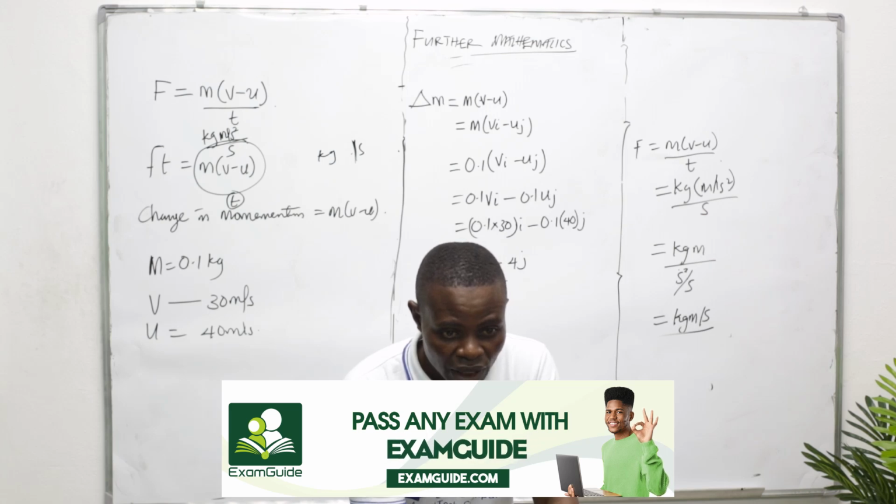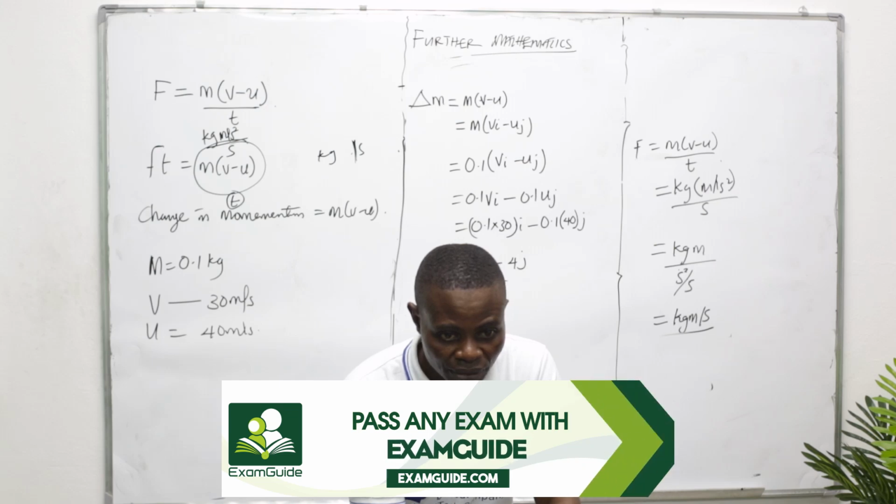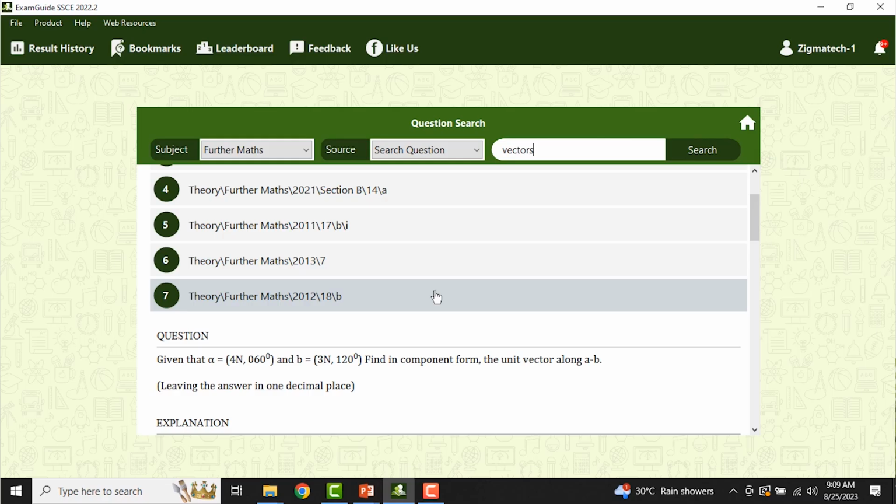Let us still consider another type of question. Look at what we have here. Find in component form the unit vector along A minus B. A minus B. Okay. You look at A, given that A is this and B is this.